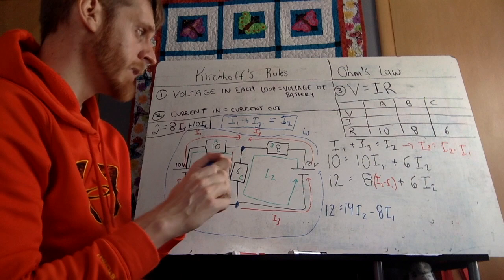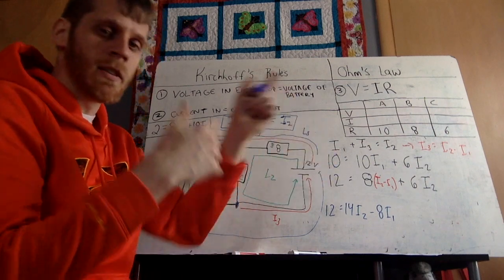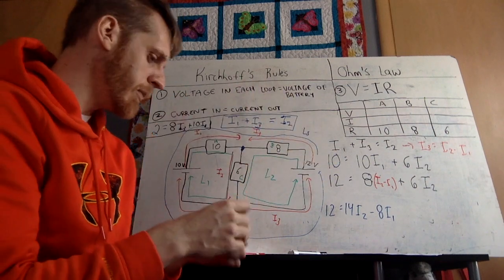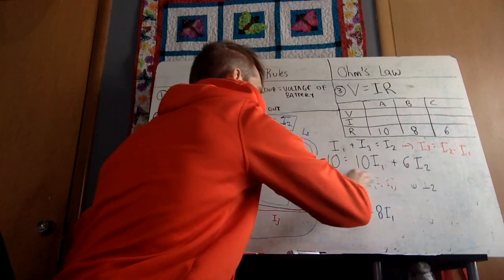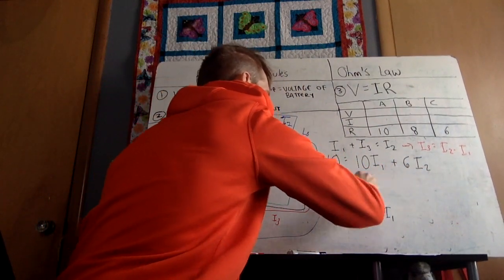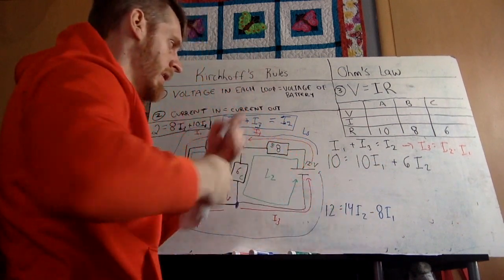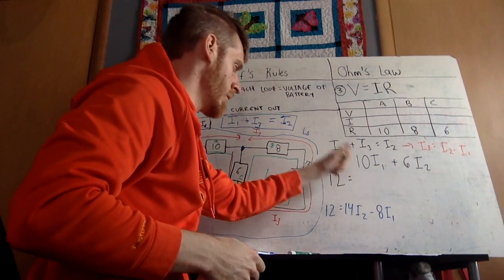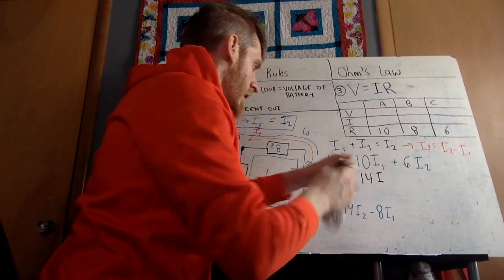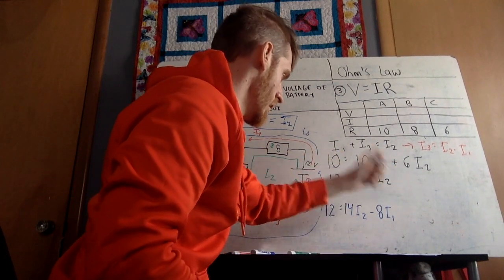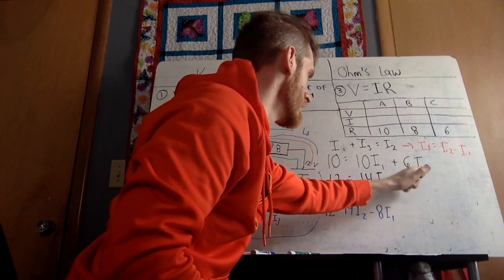So now I'm going to replace this equation. I don't want that equation anymore. I don't need it. I'm going to replace it with this one because it's the same thing. So that equation I'm going to just rewrite here. So 12 equals 14I2, actually, yeah, minus 8I1.